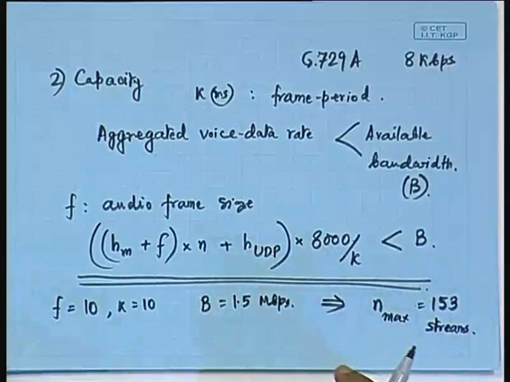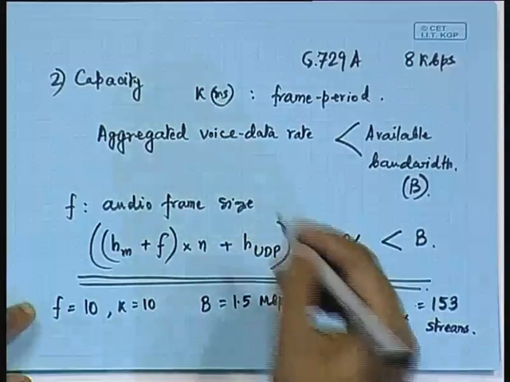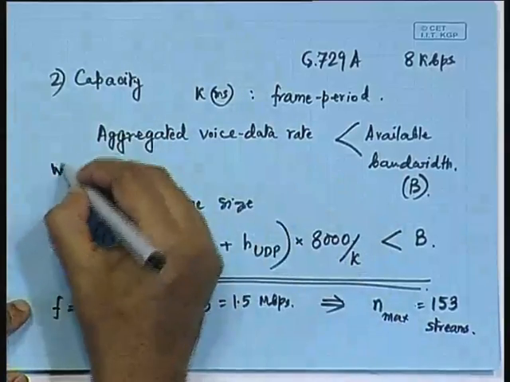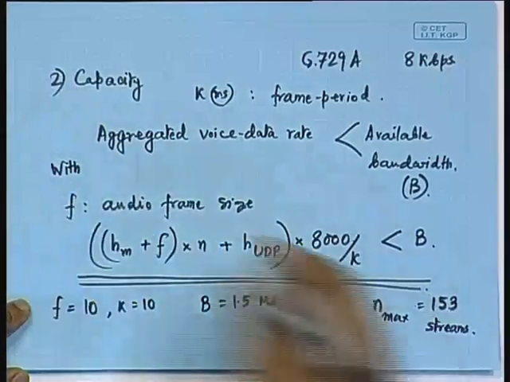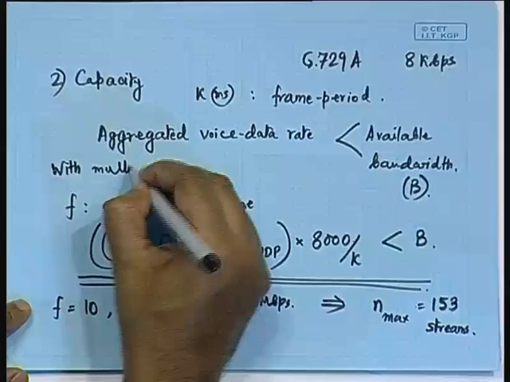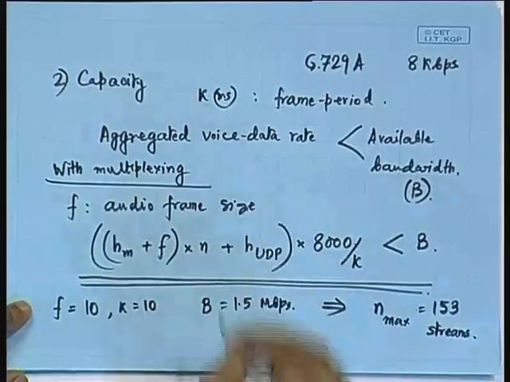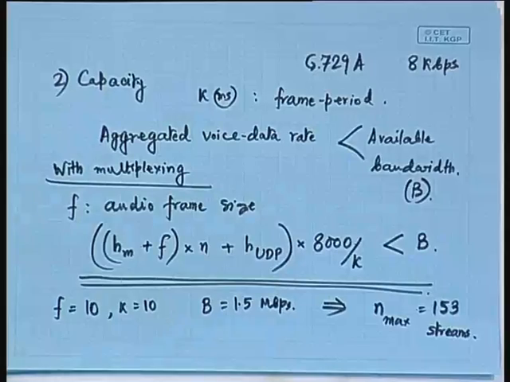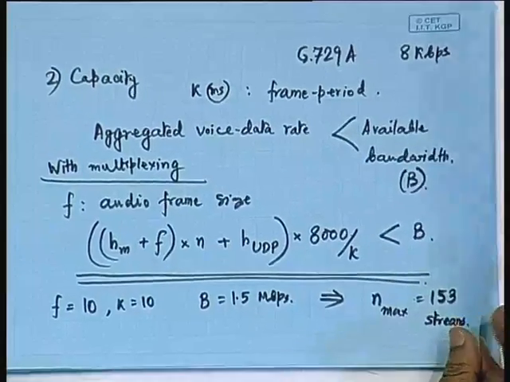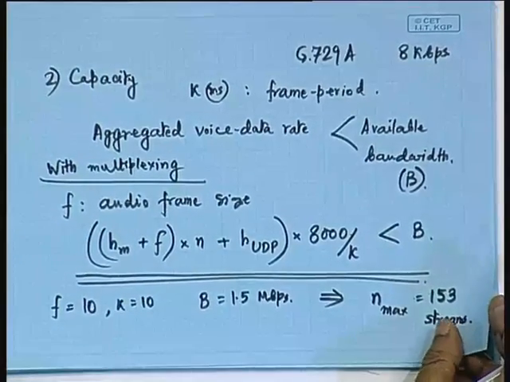So this is with multiplexing: 153 streams we can have with multiplexing. If we do not go through the multiplexing scheme, that is, in the old scheme, the rate would be slightly different.